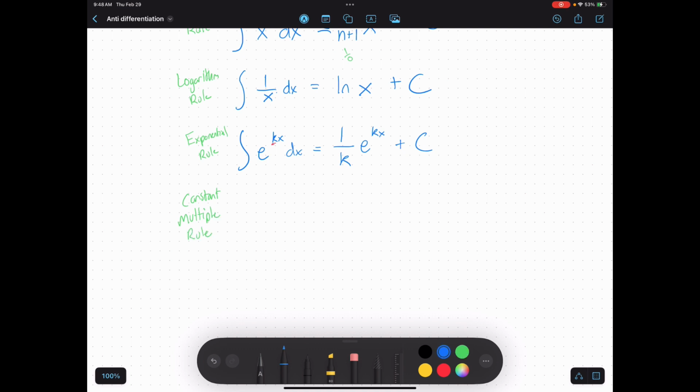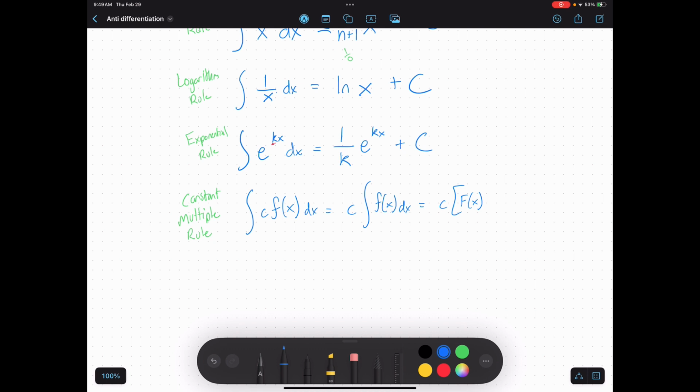Well, we saw that it didn't really affect the derivative at all. You can just take the derivative of the function like normal and then multiply it by the constant. Well, because that's a rule for regular derivatives, that's also a rule for antiderivatives. Turns out you can just take the antiderivative of your function and then multiply it by that constant.